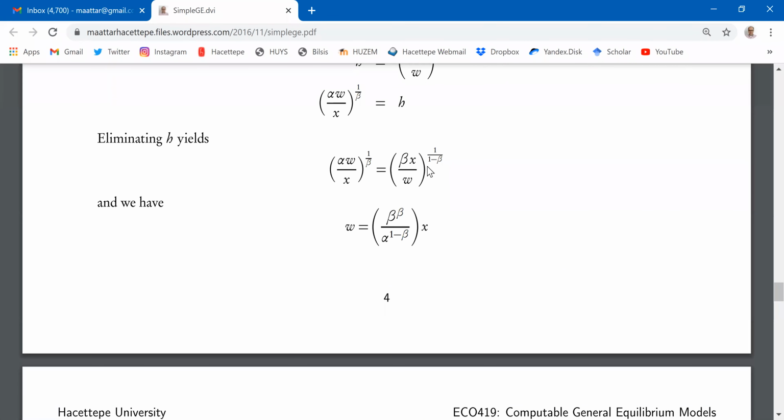So if an economy becomes more productive, in that economy, under competitive conditions, labor suppliers earn a higher wage. Now that proportionality depends on two things: the production technology parameter and the preference parameter, in this particular way.